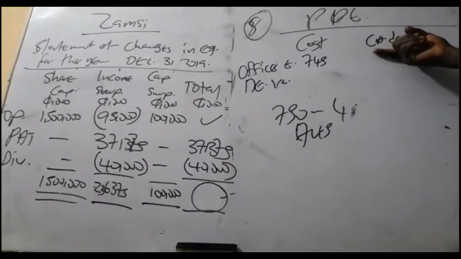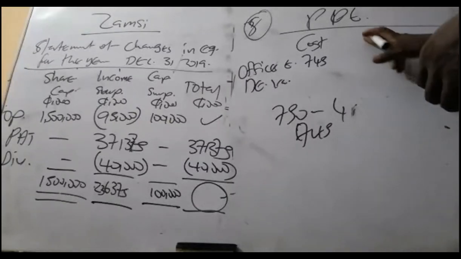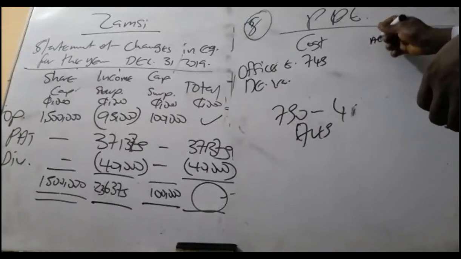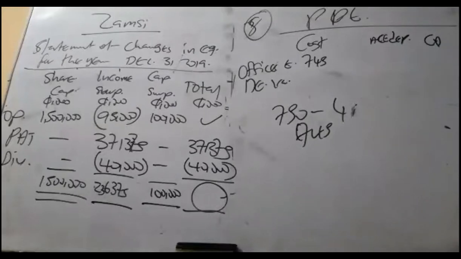Get the accumulated depreciation. How do you get the accumulated depreciation? For this one is 1,000.